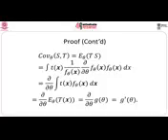Now covariance between S and T is equal to expectation of T into S, which is integral T(x) into 1 by f_theta(x) into del by del theta f_theta(x) into f_theta(x) dx, which is equal to del by del theta integral T(x) f_theta(x) dx by interchanging the differentiation sign and the integration sign.